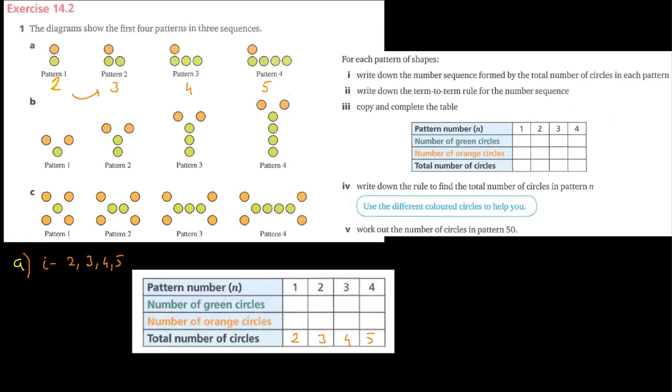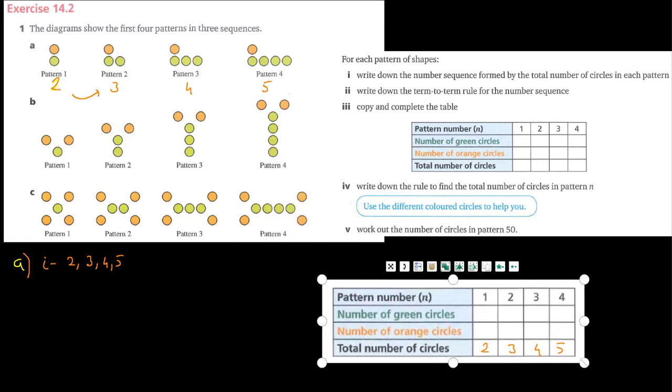These are the first 5 terms. And here I'm understanding that the difference between them is plus 1, and the term-to-term rule is plus 1, or add 1.